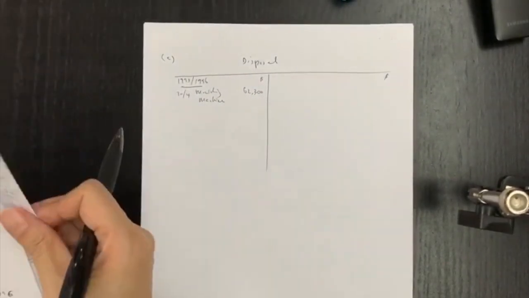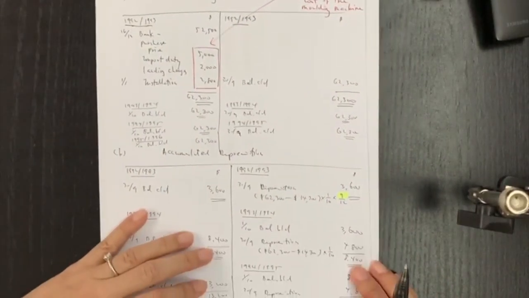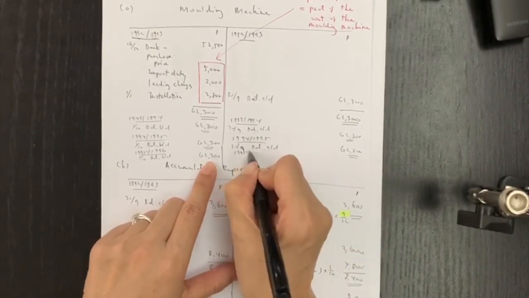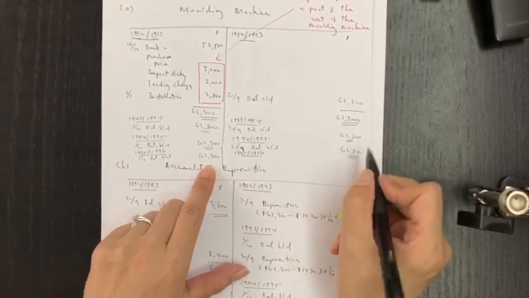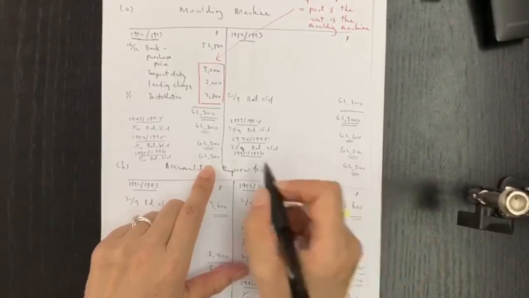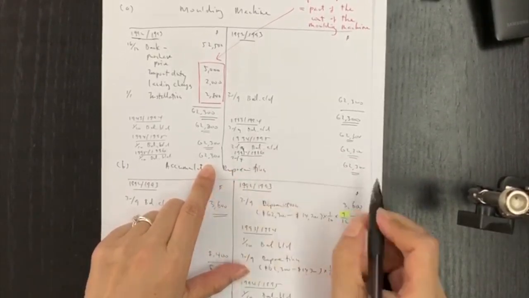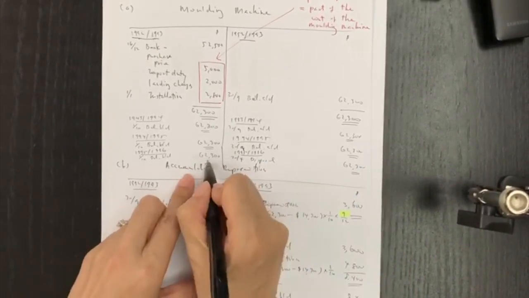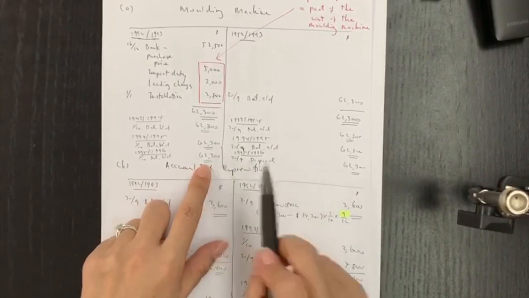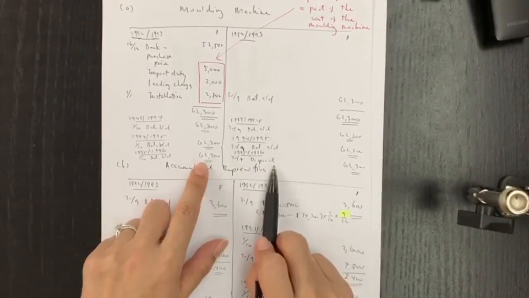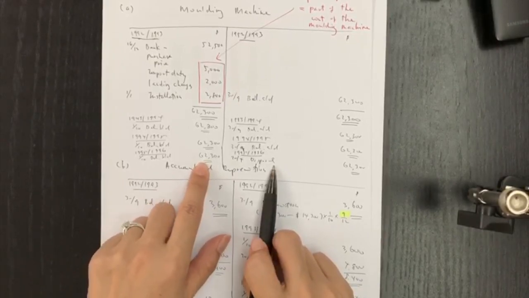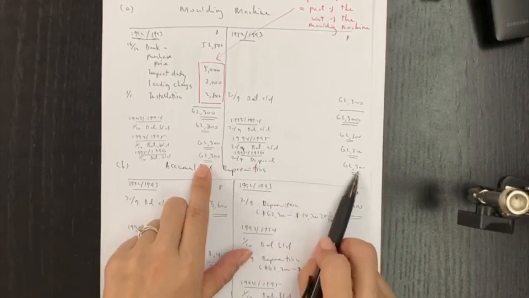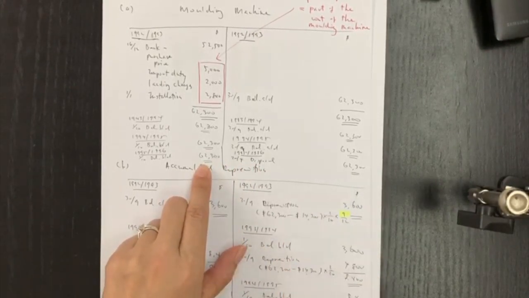So debit disposal, credit molding machines, and this is my molding machine account. The date is 30th of April, 62,300. Why do we credit molding machine? Because of disposal. So therefore debit side 62,300 and credit side 62,300. You can see we don't have any molding machine left because it has been deleted in the disposal account. So no more closing balance.